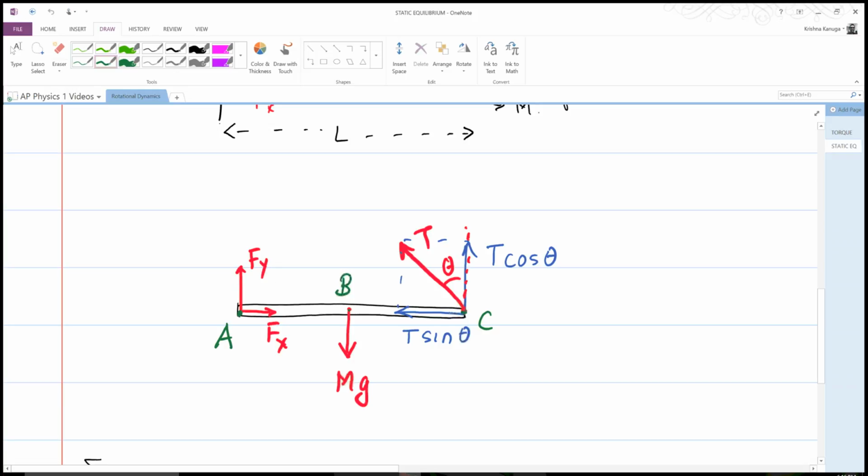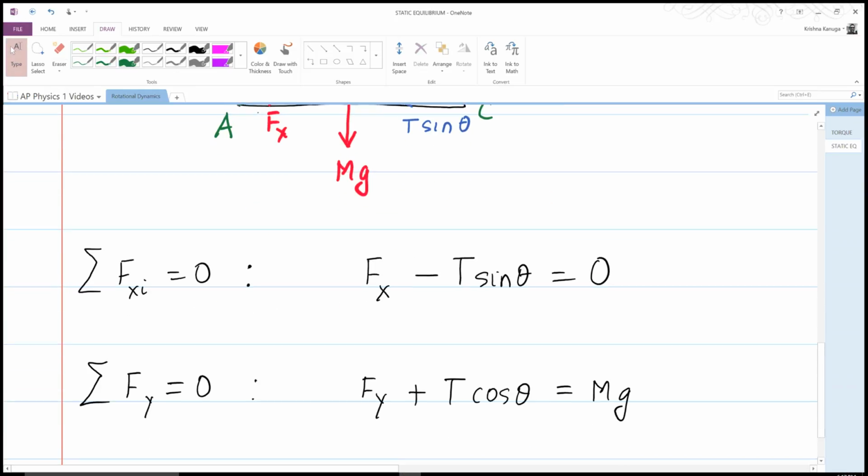Actually, about B, Fx, T sine theta, and mg give us 0 torque. And if I were to take torques about C, then T cosine theta, T sine theta, which is basically T, and Fx end up giving us 0 torques. Now, since we are looking for T, Fx, and Fy, A ends up becoming the best point to take the torque about. It gets rid of Fx and Fy, and also T sine theta, and then we can solve the problem.